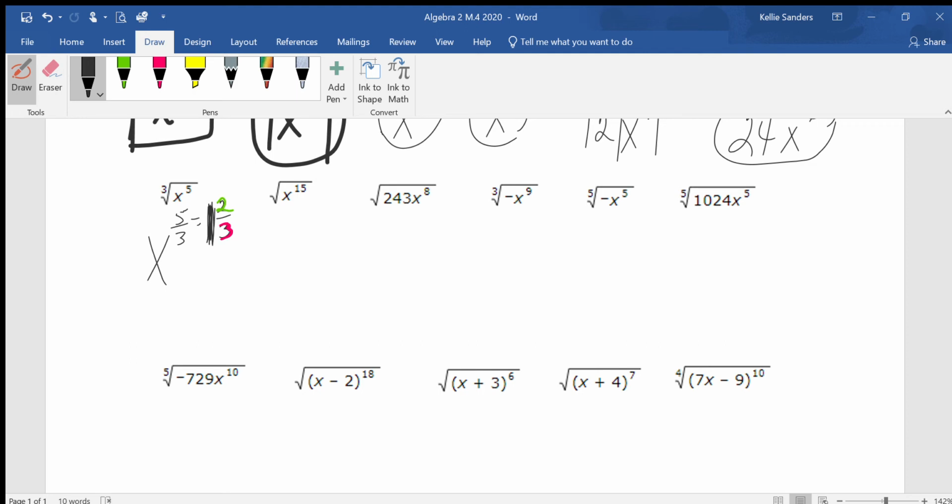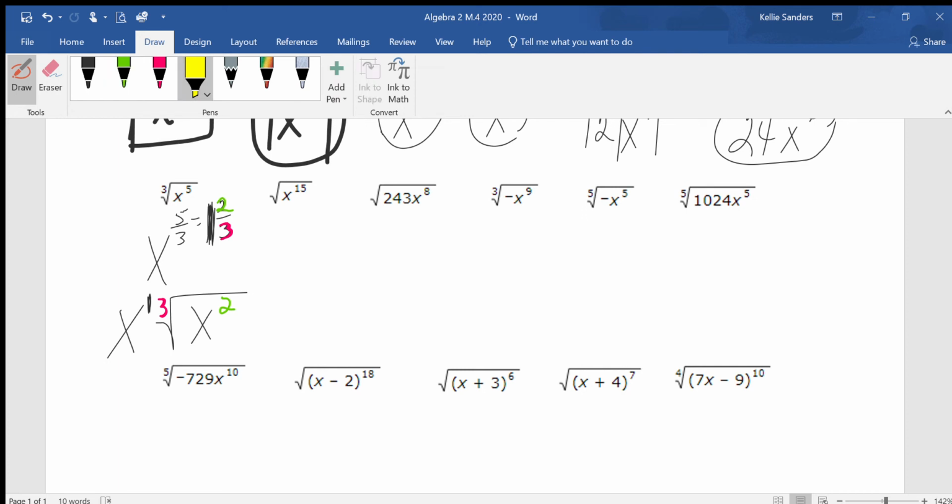The whole number, the 1, is what gets to go outside the radical. So there's a 1 right there. Then we're going to do the radical. The 3 is the root, so we have to keep that there. And the 2 is the exponent that was left over because we didn't have a complete other group of 3. So that's what it would be.